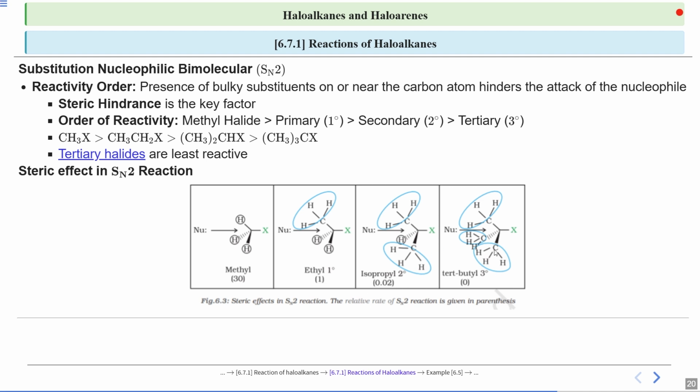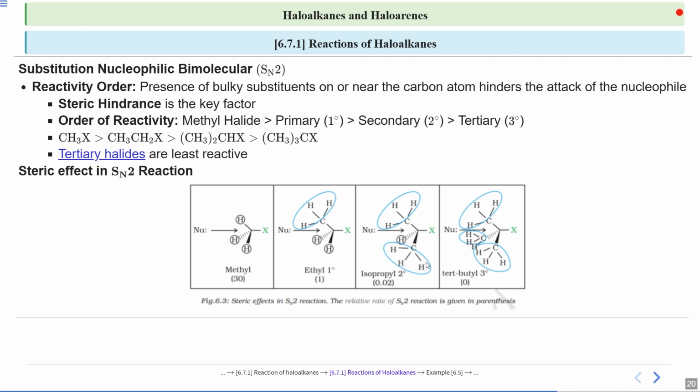And in the last case, if you see tertiary butyl, the carbon is attached to 3 other carbons, because 3 methyl groups are present on this carbon. So the nucleophile can't effectively attack this carbon from the opposite side of the carbon-halogen bond. So the relative rate is 0.